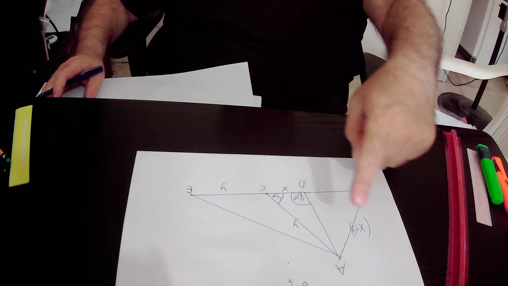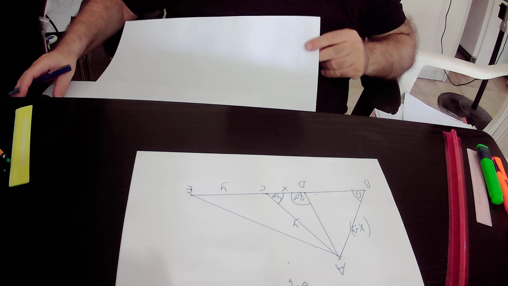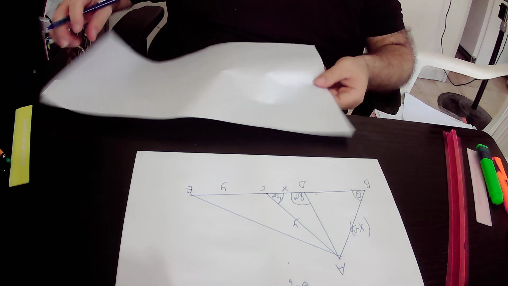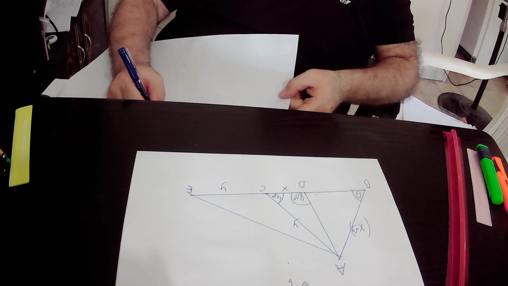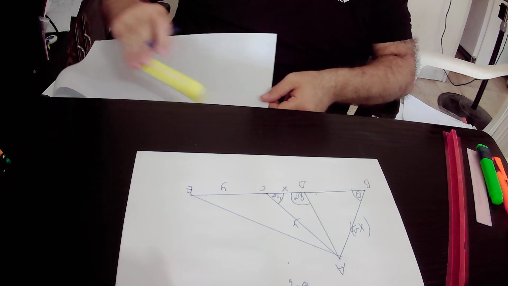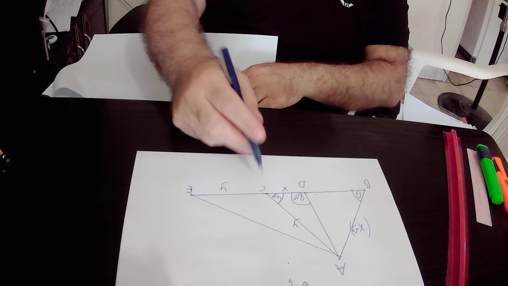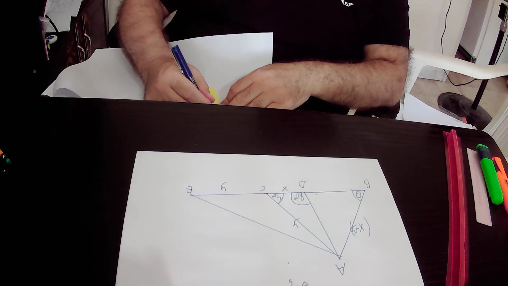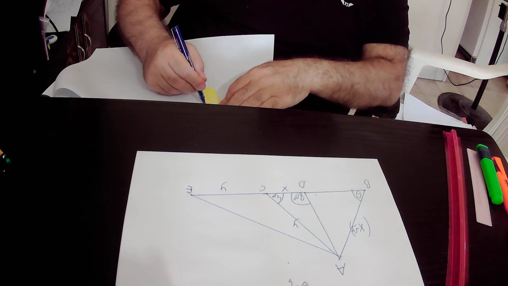We created here triangle ACE. So we focus on triangle ACE. So I'll draw triangle ACE in a new page, and we'll focus on triangle ACE.